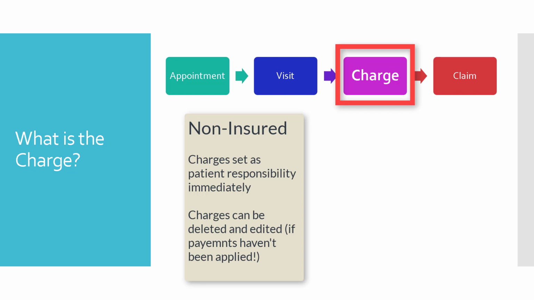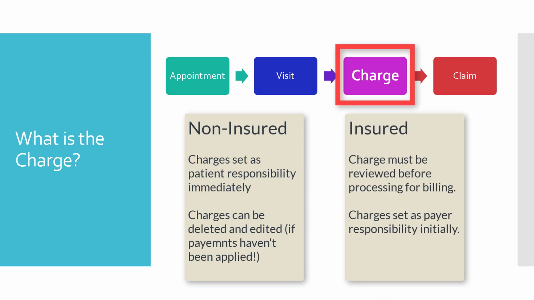If changes need to be made on a charge, codes added or removed, it is a simple process to delete and edit the charge. For insured type payers, the charge needs to be approved to be queued for submission.